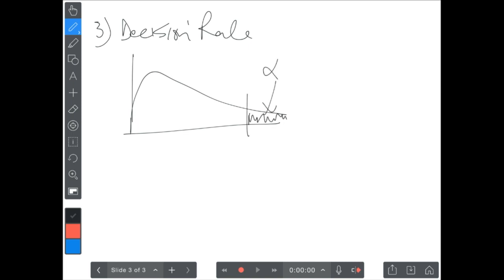So this is alpha, 0.05, and we need the degrees of freedom before we find this. So here's our F critical, which in this case is F alpha, degrees of freedom 1, degrees of freedom 2.